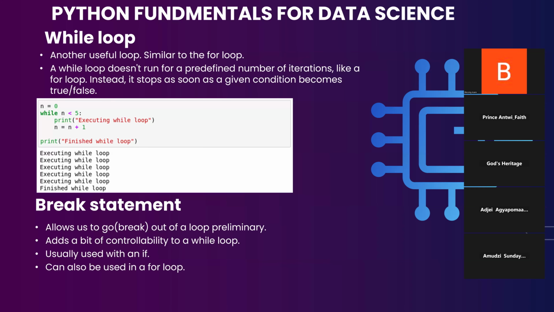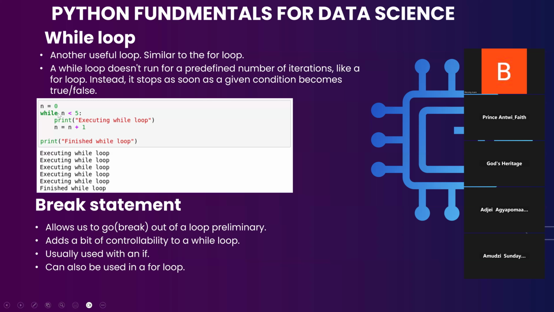So for instance, n is equal to 0, while n is less than 5, print executing while loop. And now the condition is n is equal to n plus 1. Then once those conditions are met, we say finish while loop.